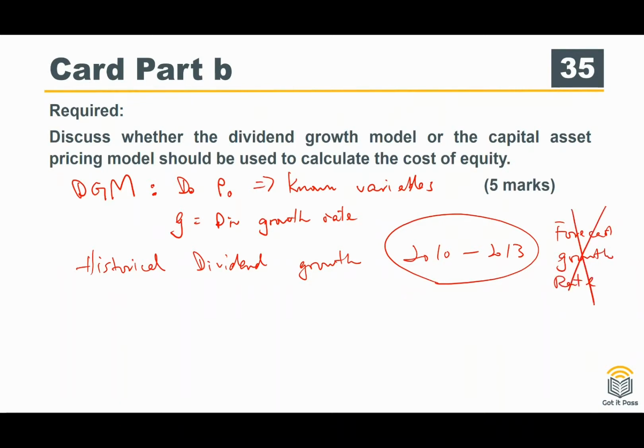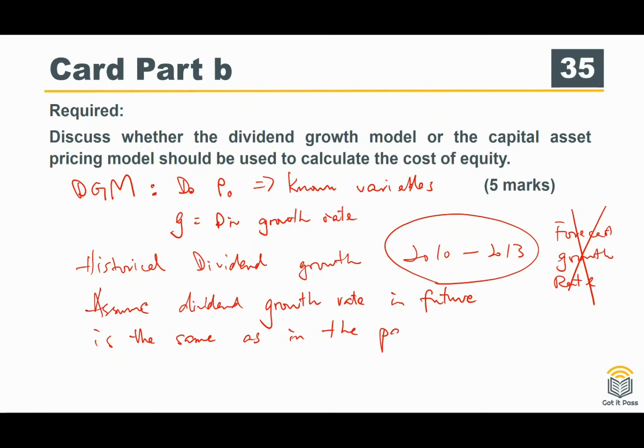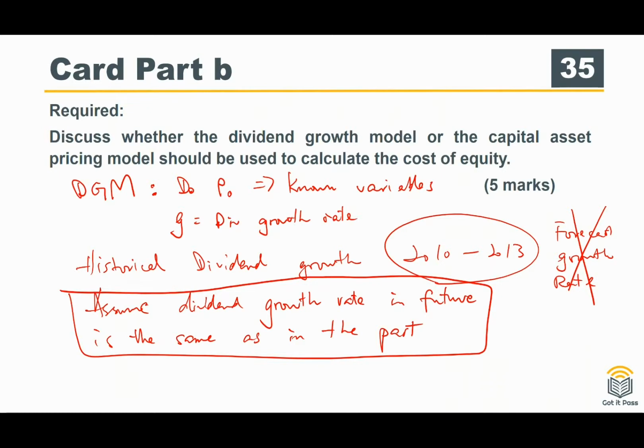So in other words, we assume the dividend growth rate in future is the same as in the past. So here is the assumption of what we did in part A. It's not reasonable.